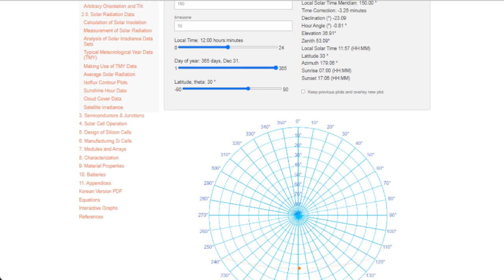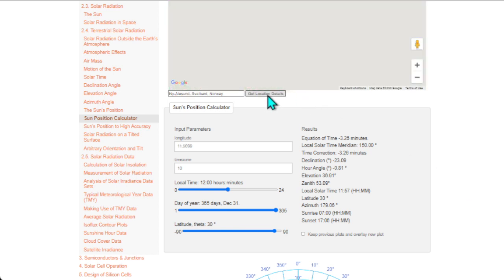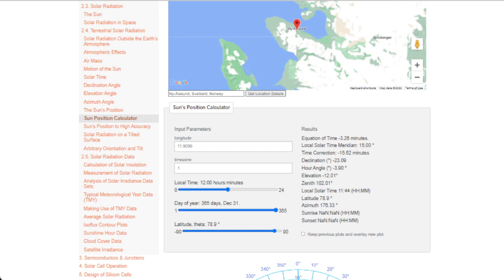At least that didn't work for me. It wants a city name, someplace where people can live, although it will give you Antarctica, but there's obviously no real cities there. But we're going to try this place I can't pronounce in Svalbard, Norway, and see what kind of lines we get then.